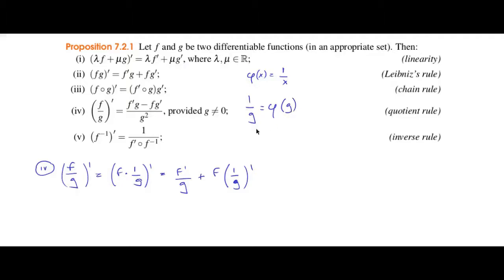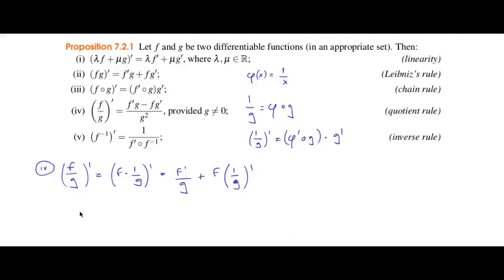So the derivative of 1 over g, sorry, this is phi composed with g. So the derivative of this, applying the chain rule, is going to be phi prime evaluated at g times g prime.